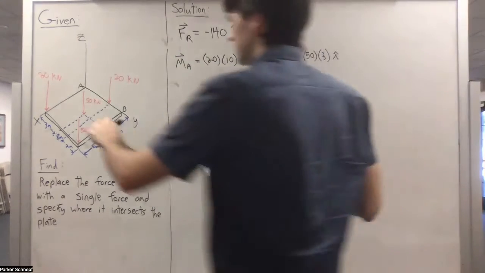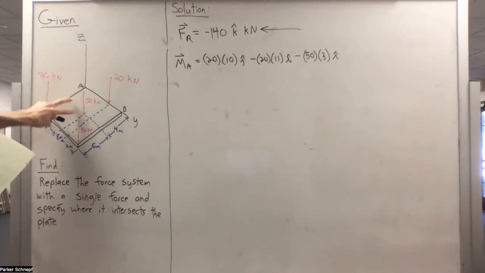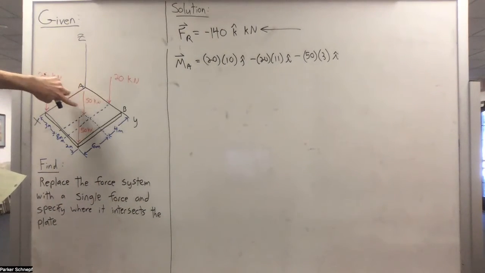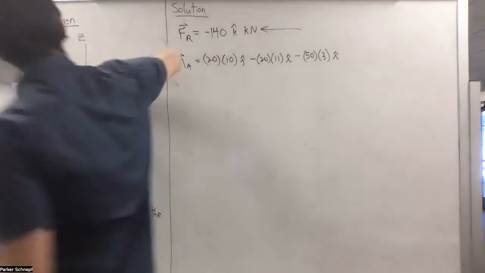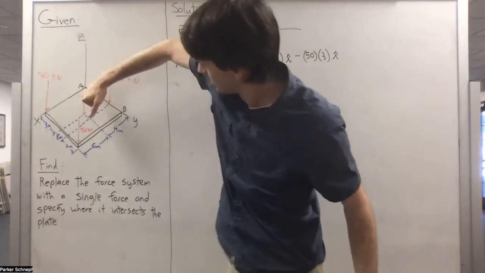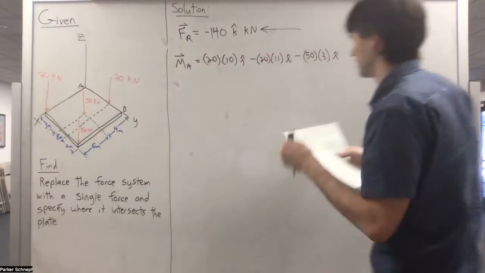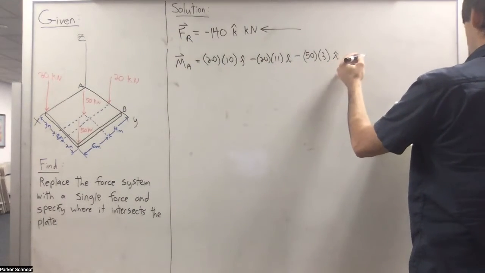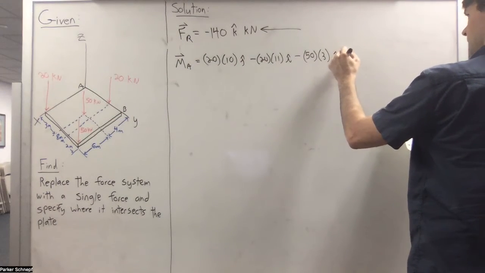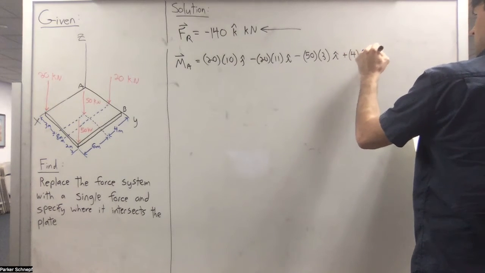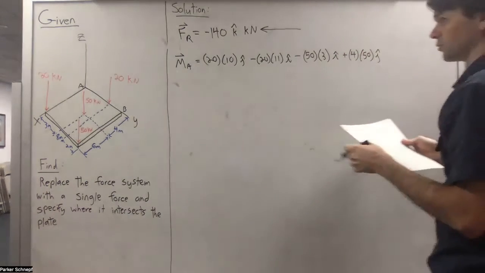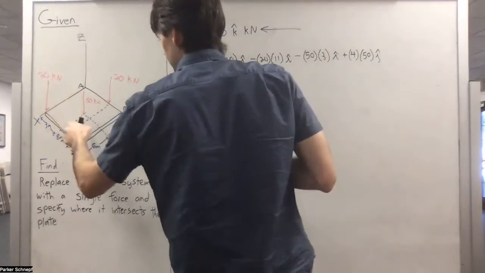The last one we just looked at, the distance was in the y and it causes an x. Now we're looking at an x distance times a z force, which will cause the twisting in y. You can tell that that's going to cause a positive, so 4 times 50. Okay, so we've covered these three forces, now just this force.